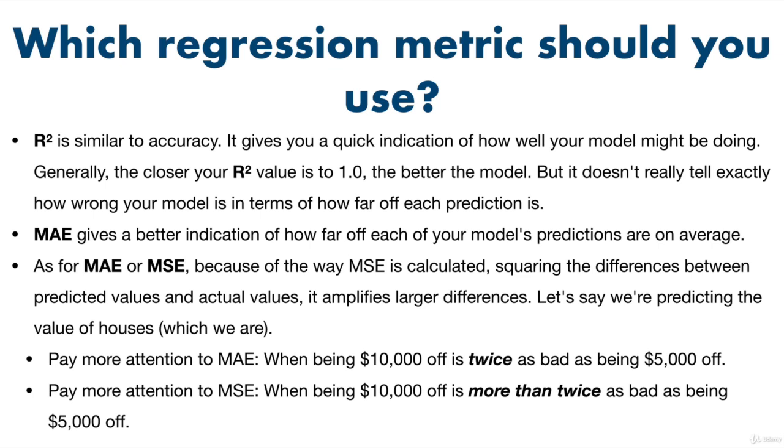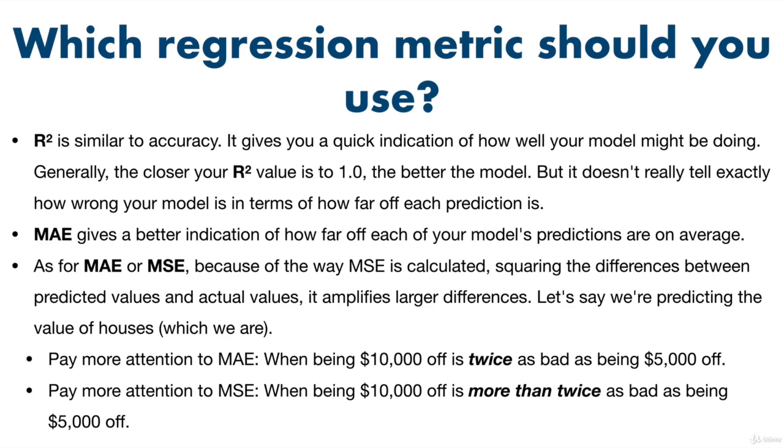You want to pay more attention to mean absolute error when being $10,000 off is only twice as bad as being $5,000 off. So that makes sense, right? But pay more attention to mean squared error when being $10,000 off is more than twice as bad as being $5,000 off. You might think, well, it's not really if I double $5,000 to $10,000. So this is kind of another way of saying that bigger errors are worse than smaller errors, right? If we're $10,000 off, and that's way worse than being $5,000 off, we want to look more to mean squared error.